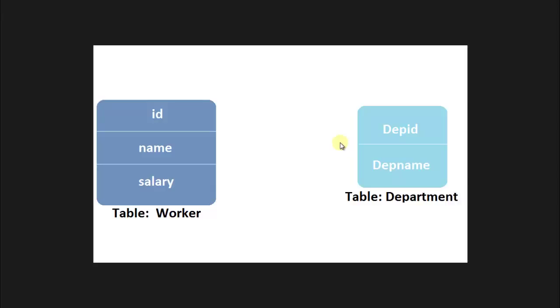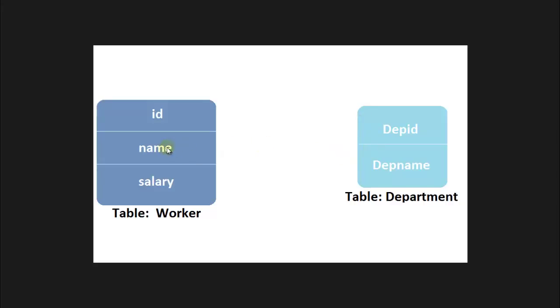And let us assume that we have a case in which each department has a number of workers, and each worker has to work for different departments. So, many to many.